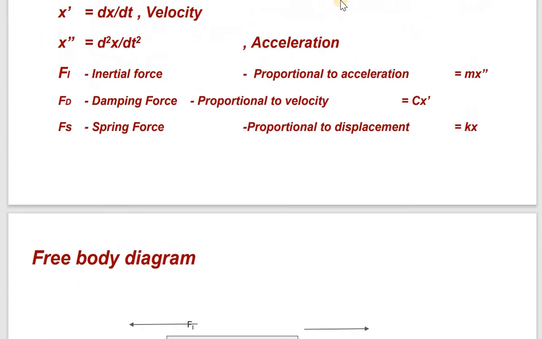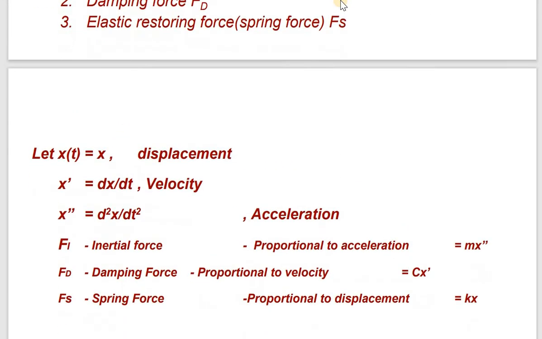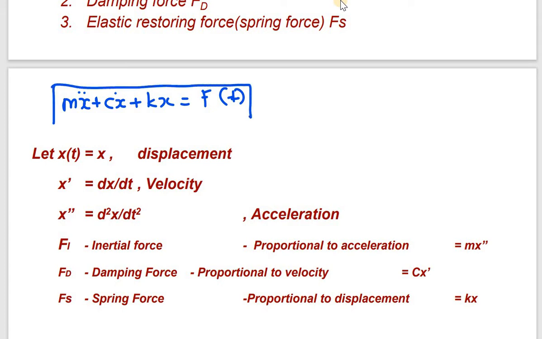The equation of motion, which we have discussed, is m x double dot plus c x dot plus k x is equal to the applied force, F of t. The force is a dynamic force. So this is the general equation of a dynamic system.